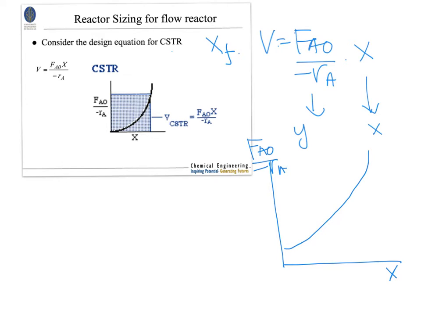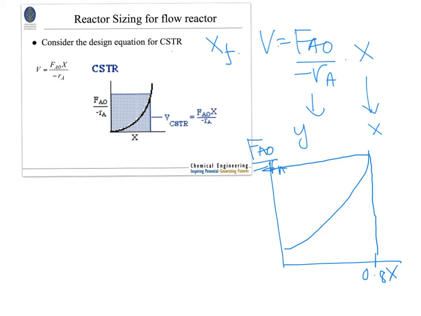The question gives you that the final conversion is 0.8 or 80%. So from the x-axis, remember CSTR is always referred to the final conversion only. So you go to the x-axis at 0.8, go up until you touch the plot, and then from there you go to the left, touching the y-axis.